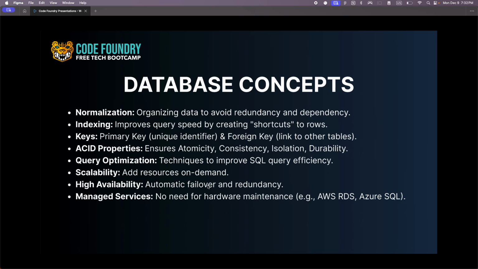And if there is a failure, it'll be able to generate a copy of that database without any issues. And then having managed services, this means no need for hardware maintenance like AWS RDS or Azure SQL. These managed services are the way to go when it comes to not wanting to actually have to manage the hardware concepts behind the database.